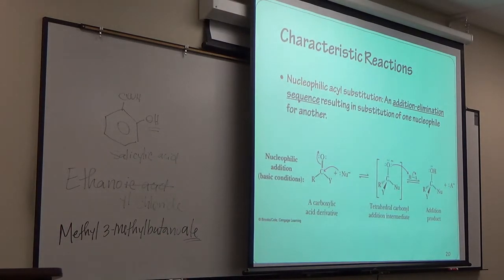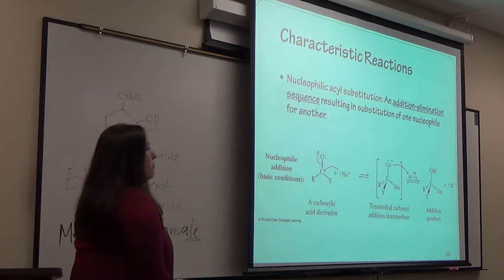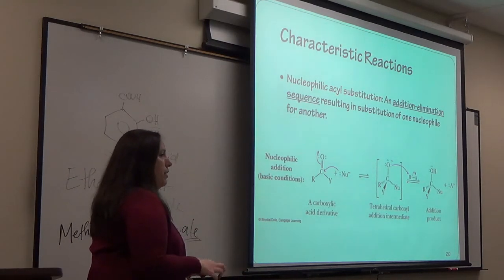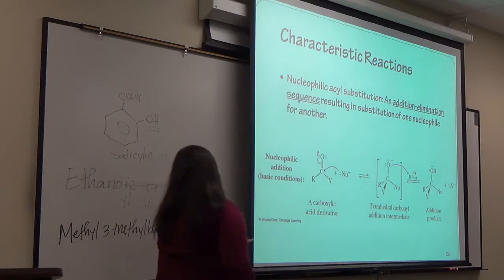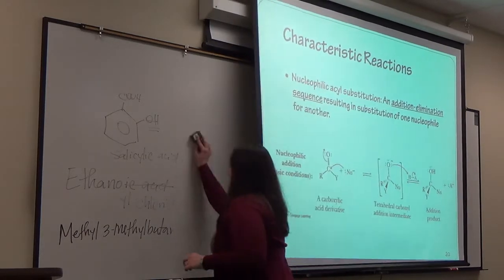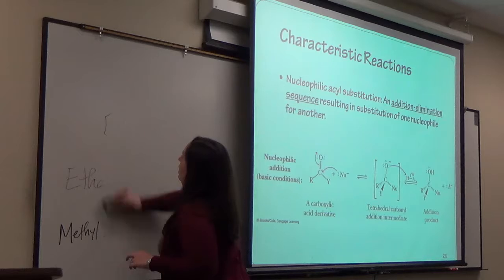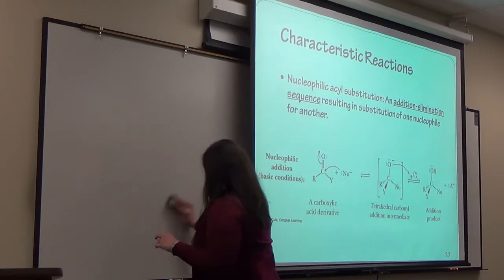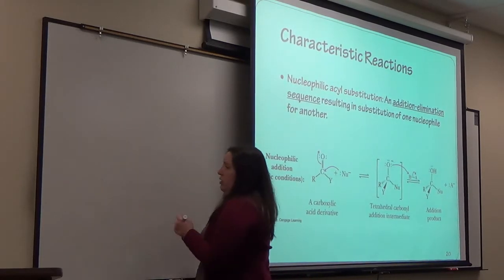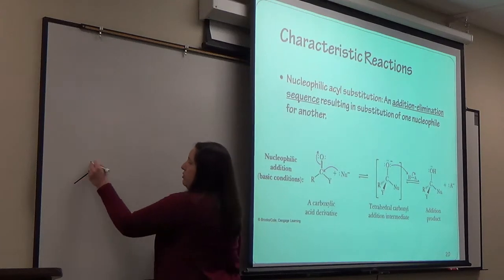Okay, but really the key reaction in this chapter, again, the theme. You want to think of the theme. So what was the theme for aldehydes and ketones? What kind of reactions did we do? Nucleophilic additions, right?